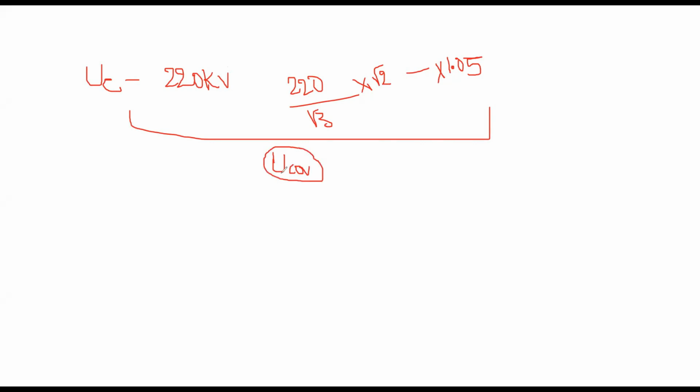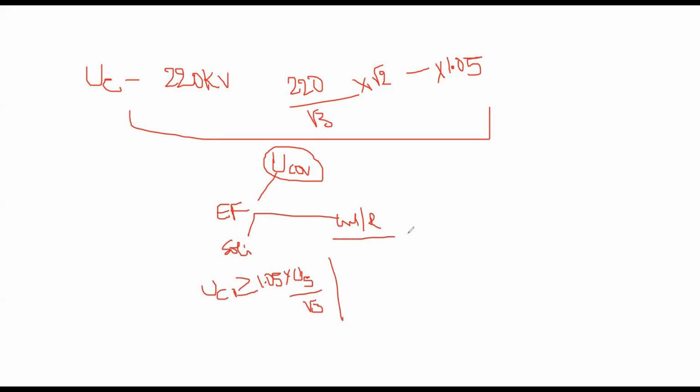And this continuous operating voltage again depends upon the fault condition. We have two types of earthing: one is solidly earthed, the other is isolated or resonant earthed. In solidly earthed, the continuous voltage should be greater than or equal to 1.05, meaning 5% tolerance, into US, the system voltage divided by root 3.